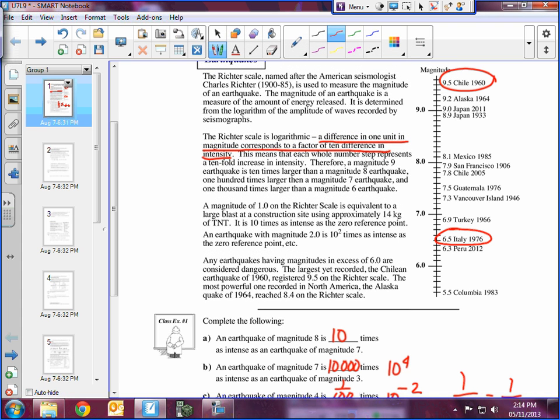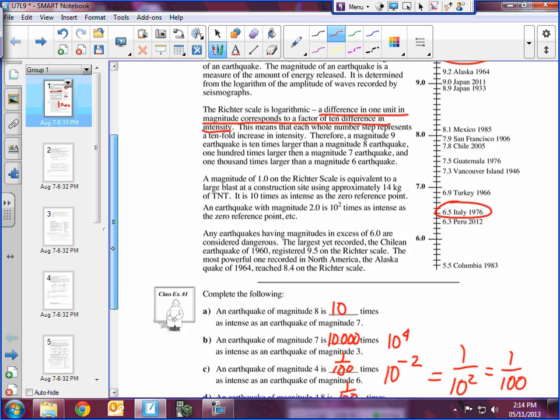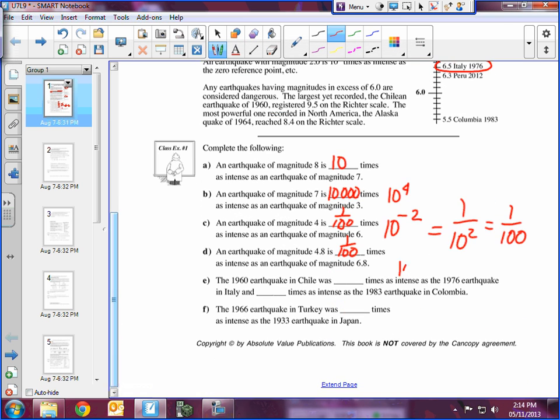So how much more intense is it? Okay, guys, focus. The earthquake in Chile is how many times more intense than the earthquake in Italy? It's 3 place values away, so we have 10 cubed, which would be 1,000.